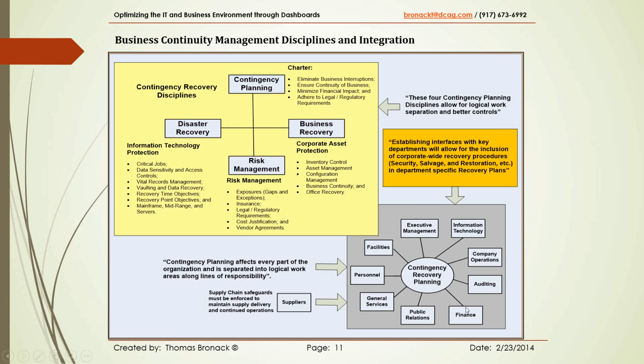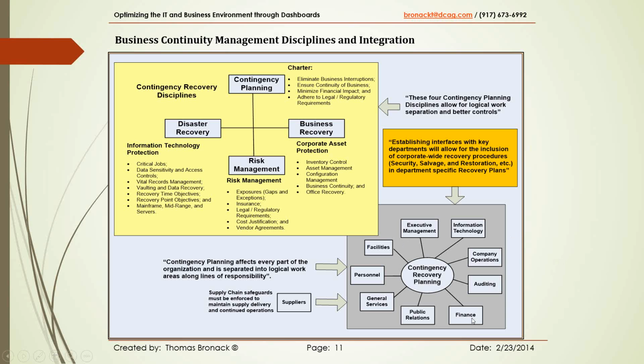As you can see, there are a lot of interfaces involved when building a recovery plan, and everybody should be participating in this because it affects everyone. Executive management says, all right, we approve this project, we'll give you funding. Information technology supports the infrastructure for technology which supports the business. Company operations, which is the lines of business, not data processing operation.